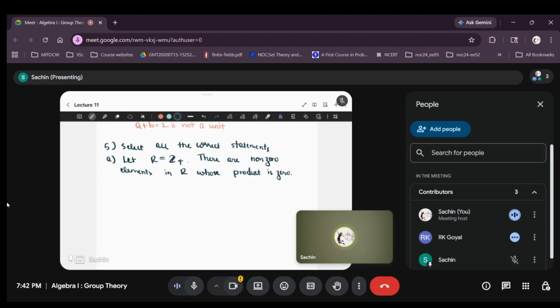We saw in the proof that Z mod nZ is a field if n is prime. We saw if and only if n is prime. We also showed that if n is composite, then it's not a field. And for that, in the proof, we use the fact that if it's composite, there is a factorization of n such that both the factors are not 1 and n itself. They are between 1 and n. So they are elements of Zn and their product is 0.